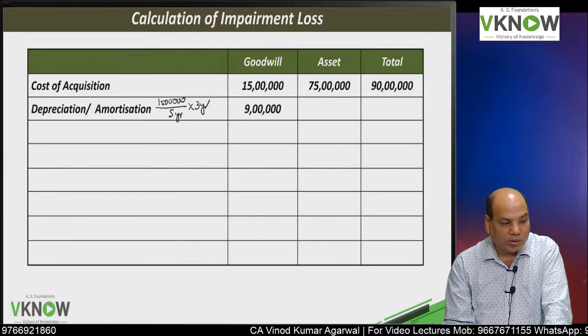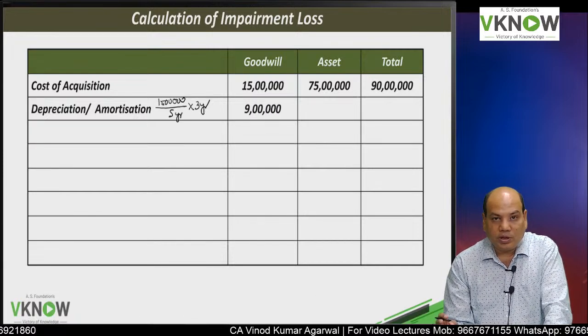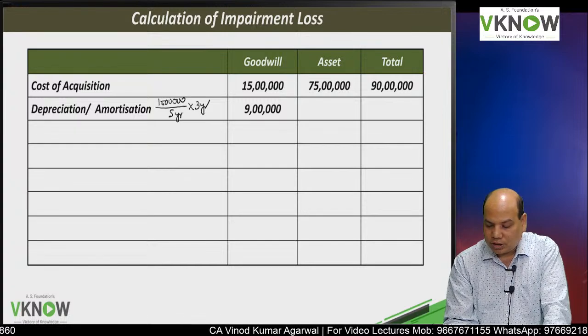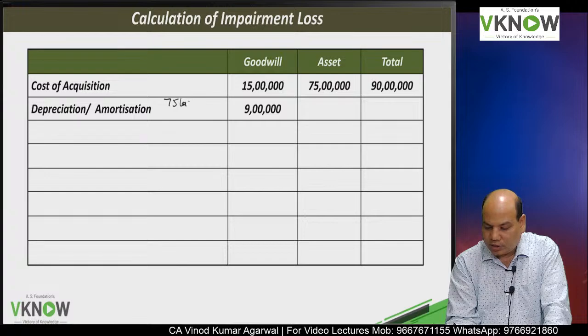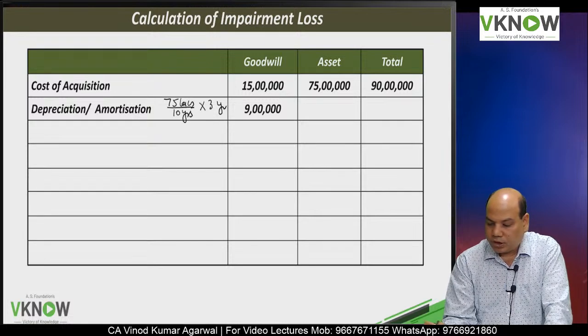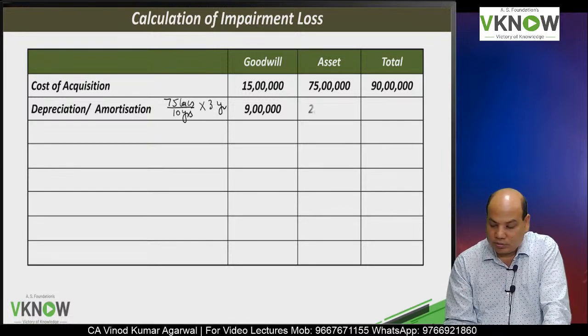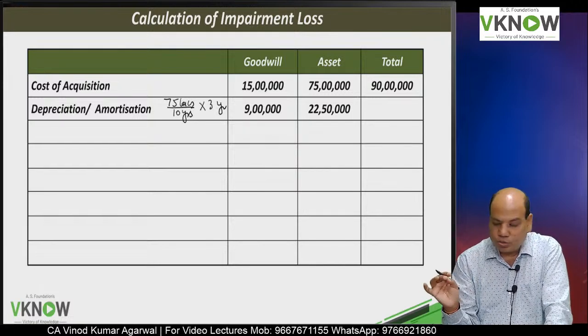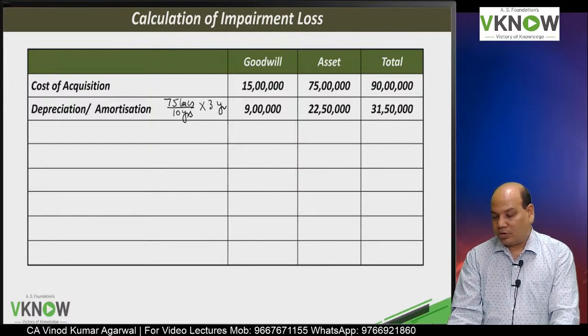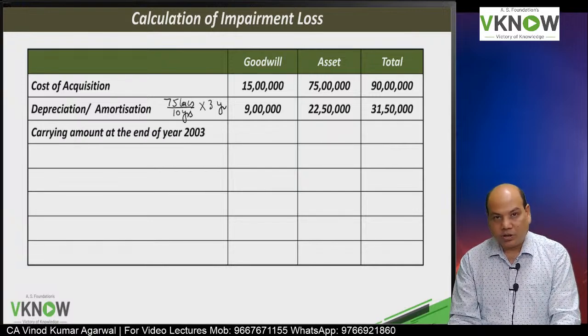So total amortization will be 9 lakh. Now take on your calculator 75 lakhs divide by 10 years into 3 years. For asset, the life is 10 years. So total depreciation for 3 years is 22 lakh 50,000. Therefore total is 31 lakh 50,000.